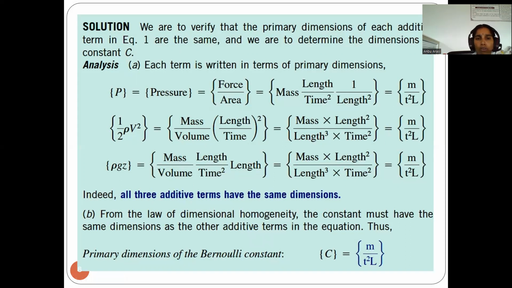Rho is density, denoted by mass divided by volume, and v squared is velocity squared.